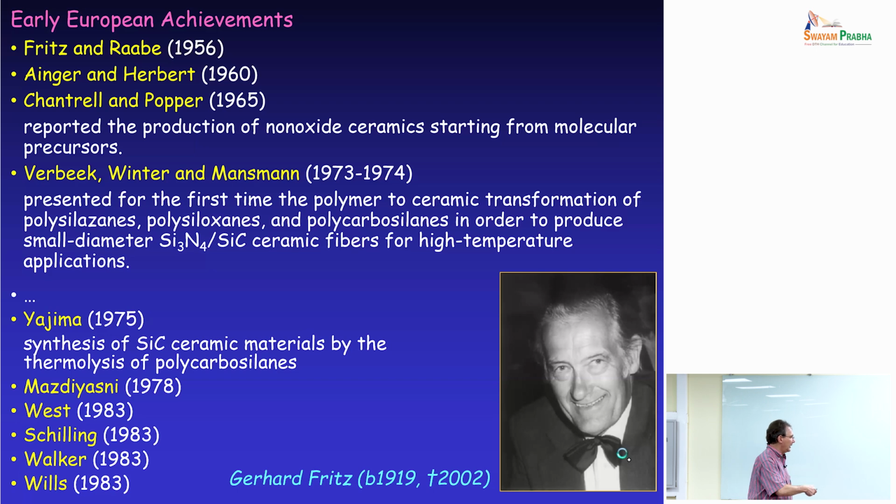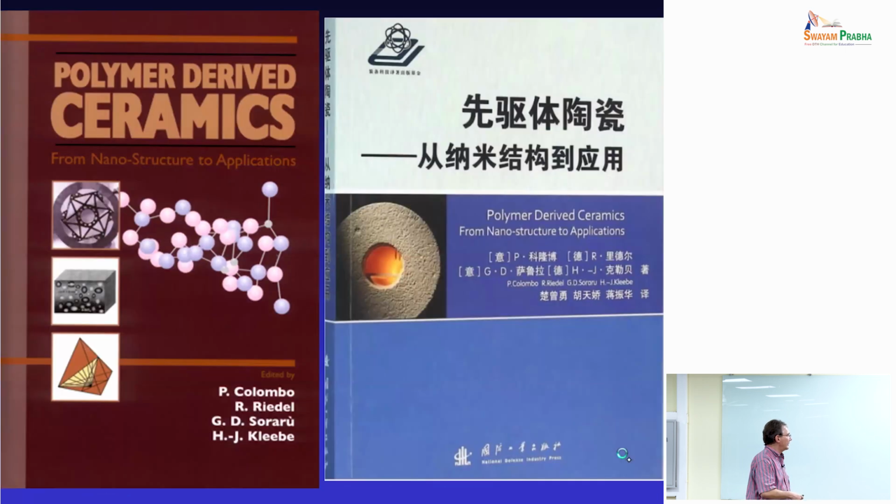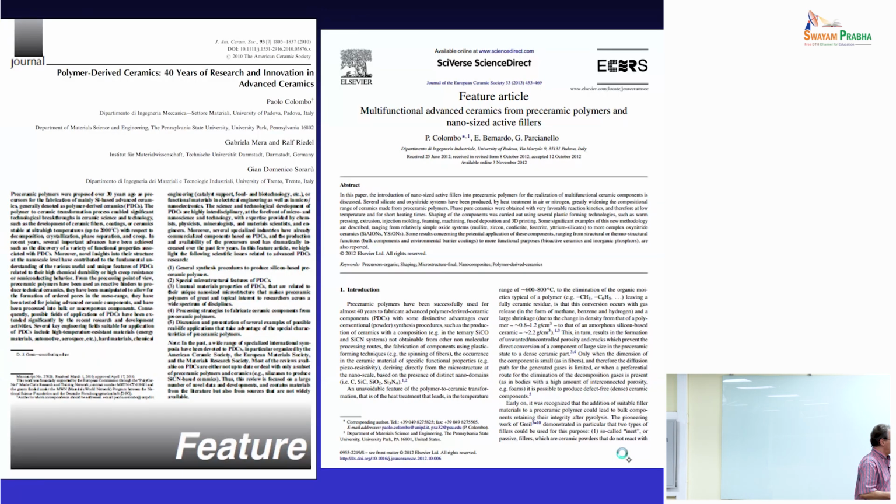You can see some other developments from the point of view of the history of the material. If you are really interested in polymer-derived ceramics, you can buy a book that's been translated also into Chinese, or you can read some review papers that might help you in understanding more about preceramic polymers.